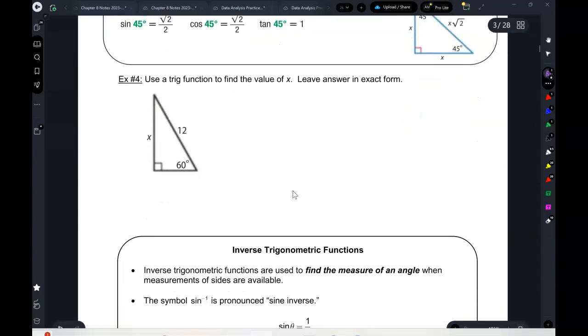Okay, so use a trig function to find the value of x. So here we go. This is what we need to find. I have my angle. This is the opposite. This is the hypotenuse. What ratio is that? Sine. Sine of 60 is x over 12.